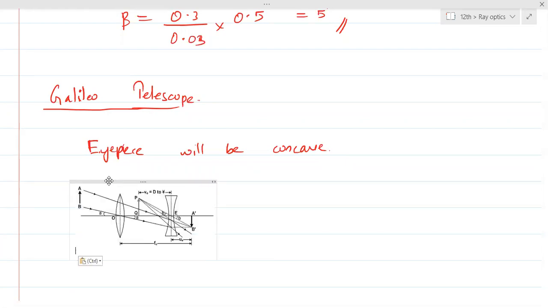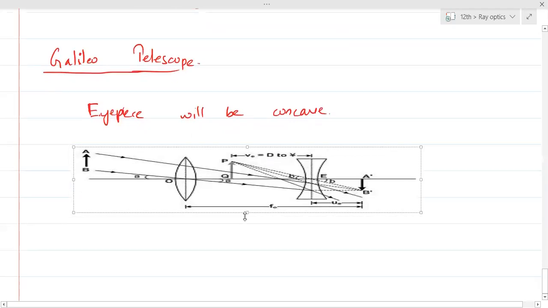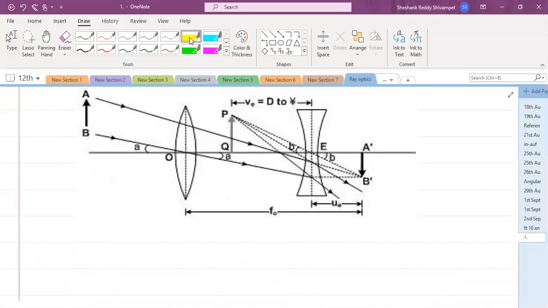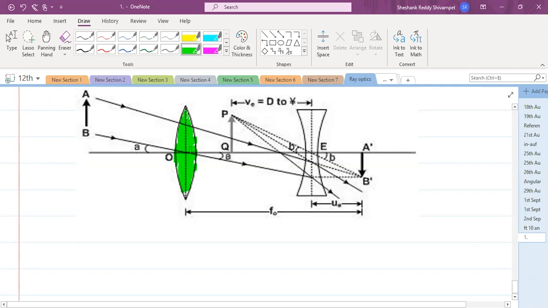Now look at this diagram here. How many lenses do we have? What are the lenses here? If you look at the lenses, the initial lens, the objective, is convex, whereas the eyepiece is concave. That's what I'm talking about.